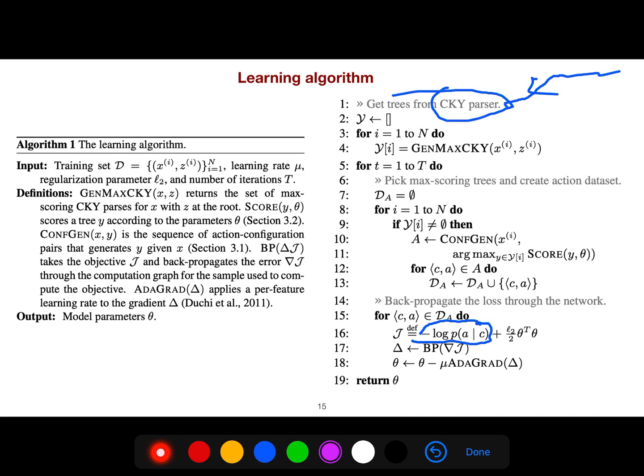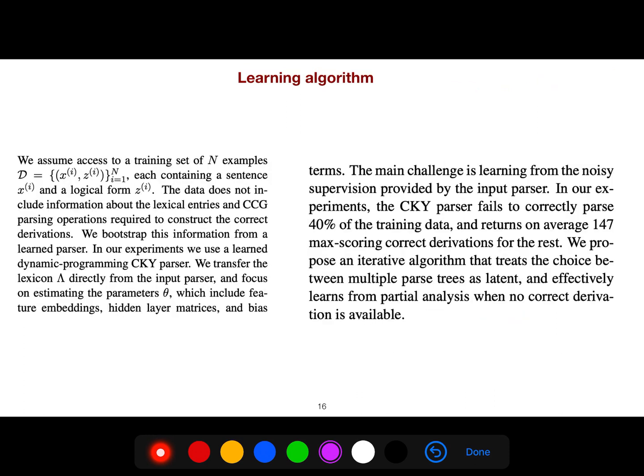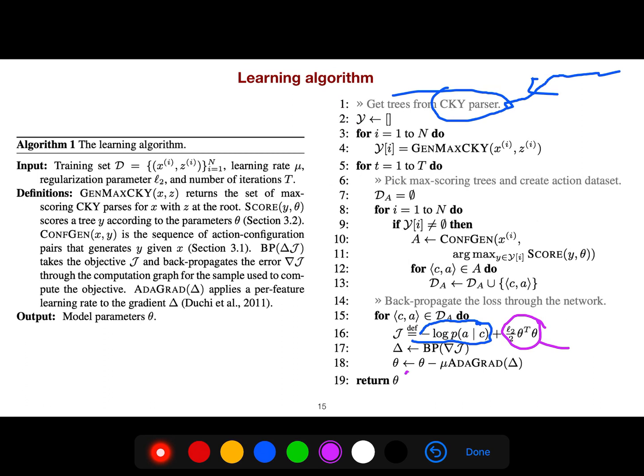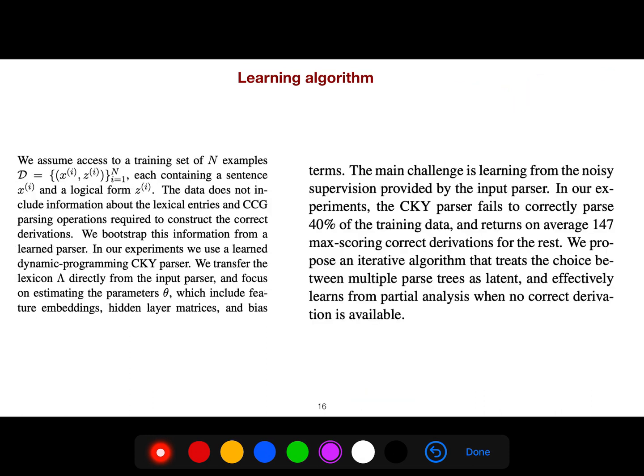And in machine learning, we always regularize everything to avoid overfitting. And so we are learning this parameter theta because you have access to the loss, and we backpropagate the gradient of this, so we learn the model parameter theta.